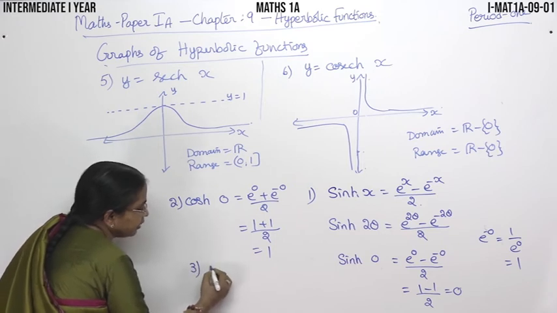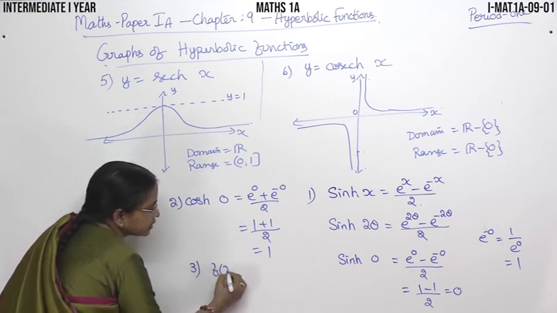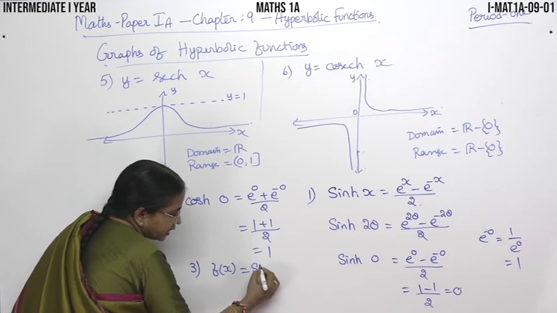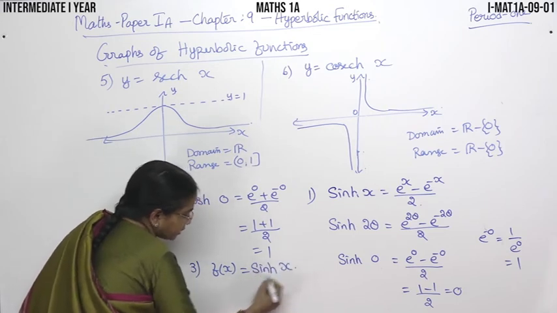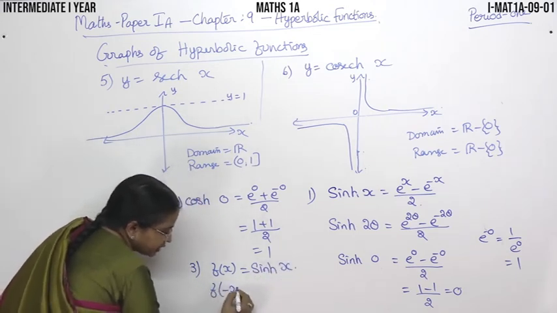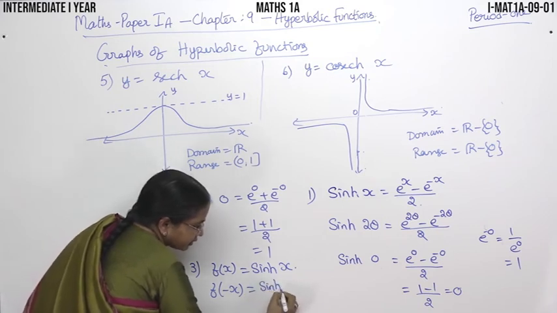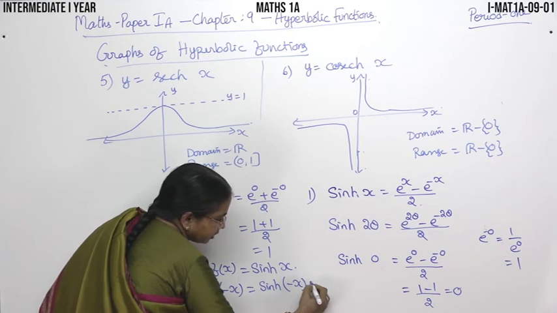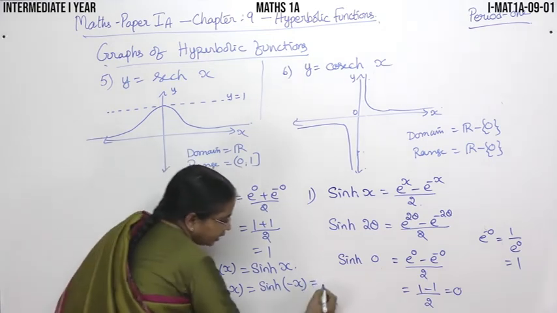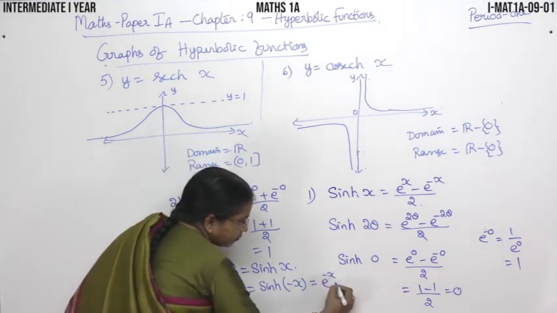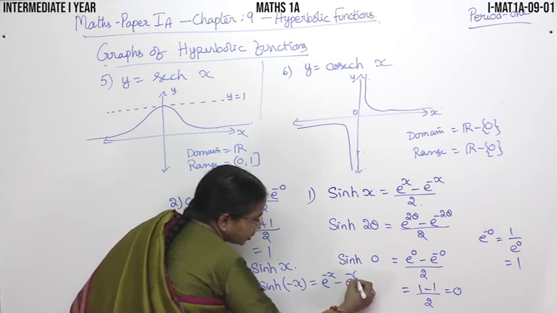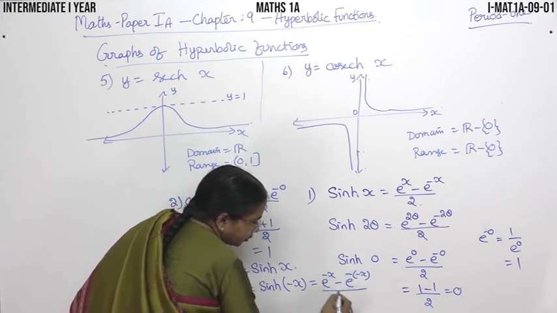Next, suppose f of x is sin hx. Then what is f of minus x? It is sin h of minus x. What is sin h of minus x? E to the power minus x minus e to the power minus of minus x by 2.